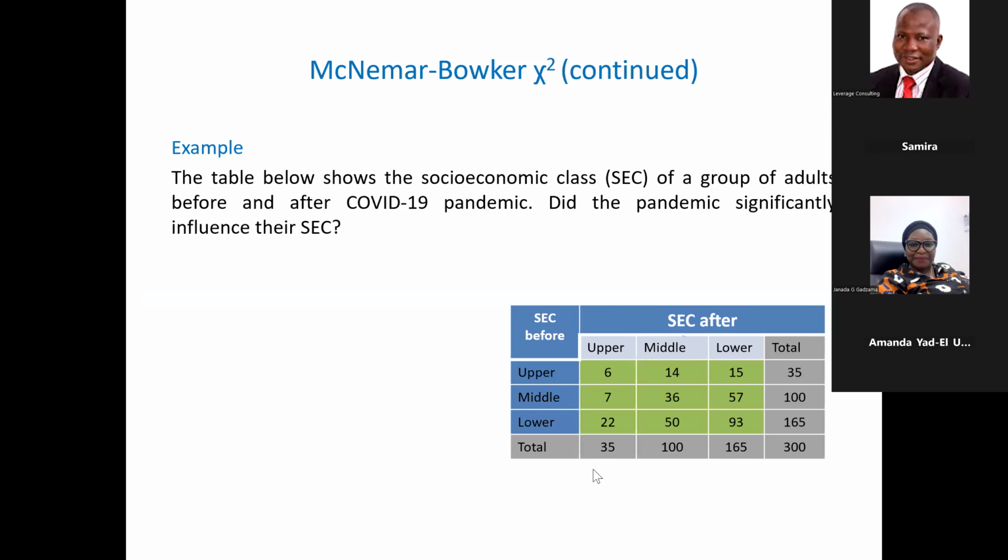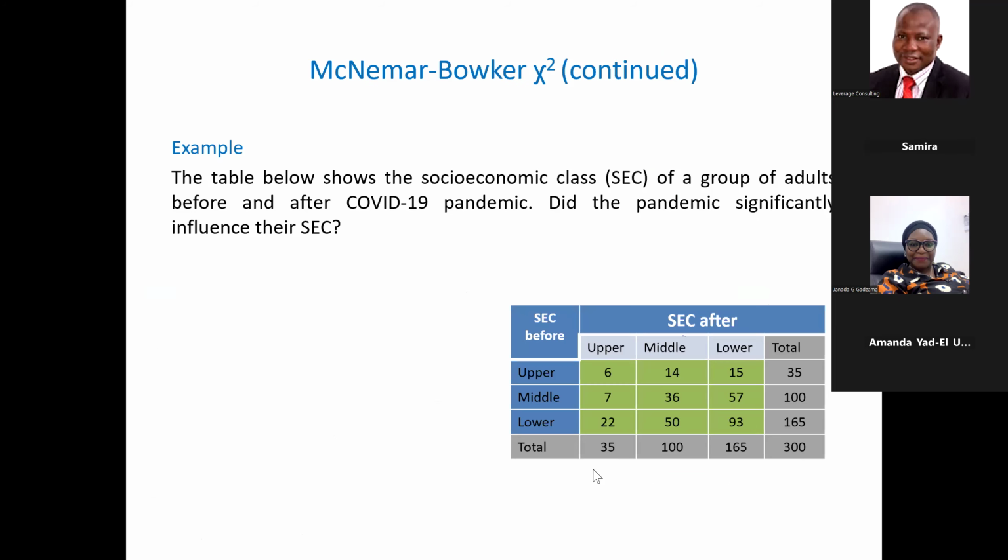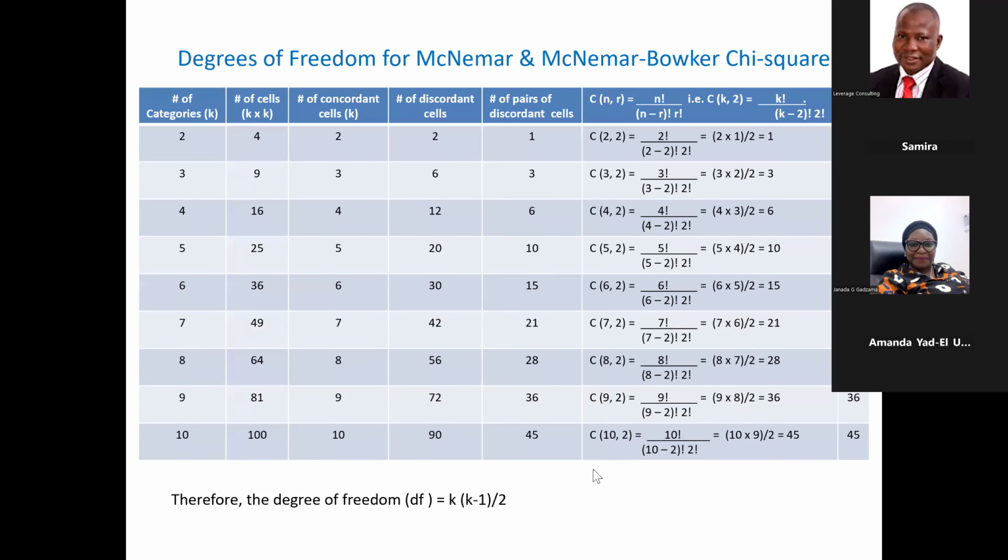Look at it. You can see 6, which is upper. Concordant means that it was upper before, upper after. 36, middle before, middle after. 93, lower before, lower after. Can you see along the diagonal, that white, that's the number of concordant cells. The number of discordant cells, how can you calculate it from here?